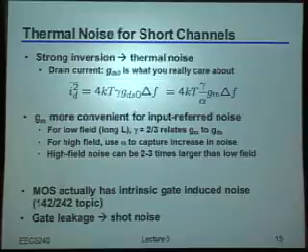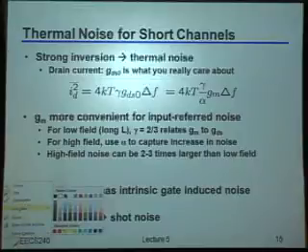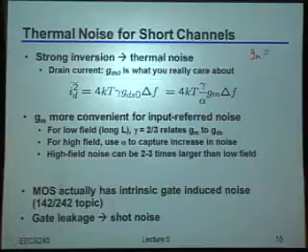Okay? The only other thing I should mention is that even though that expression is what we really are going to use, there are some issues that we have to be, again, very careful about. Okay? In a short channel device, unfortunately GM is not exactly equal to GDS naught. Okay? Because of that, there's a new factor that you typically have to introduce, which is the relationship between GM and GDS naught.